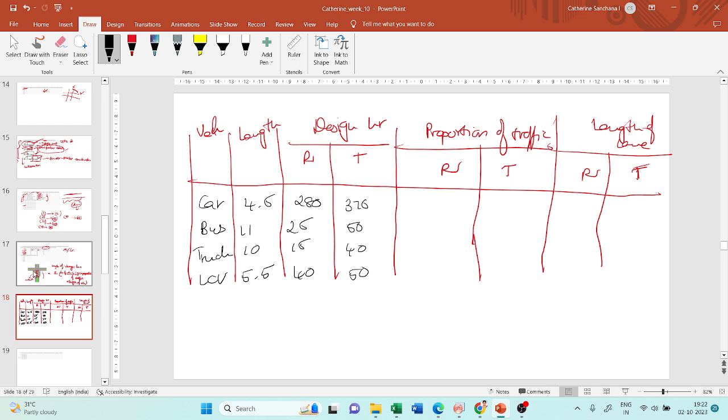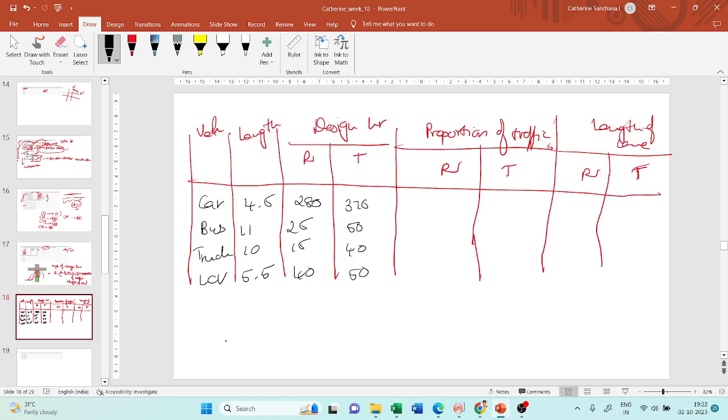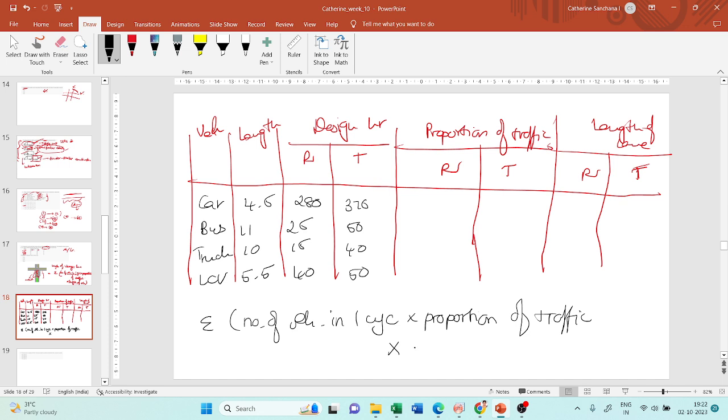Now let us write the formula once again here so that you will know why we are finding all these. Length is nothing but the summation of the number of vehicles in one cycle, into the proportion of traffic, into the length of vehicle.